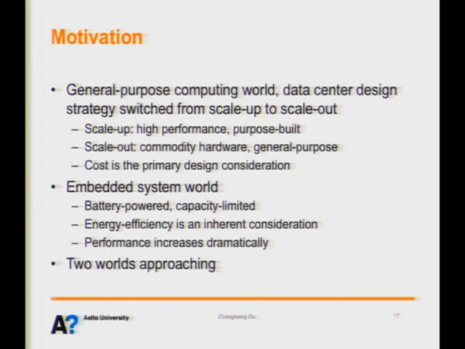Scale up means you use high performance computers and integrate more and more processors on the same die. Scale out means that you use commodity servers, but a bigger number of servers. So right now this shift from scale up to scale out has been happening in the data center world.